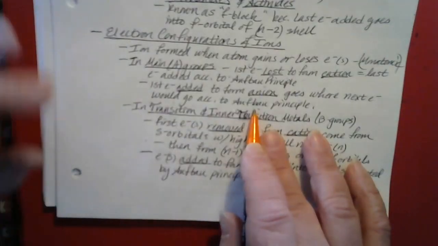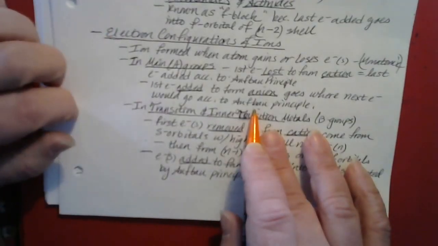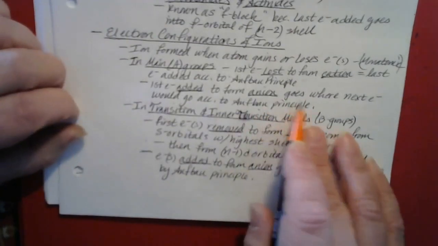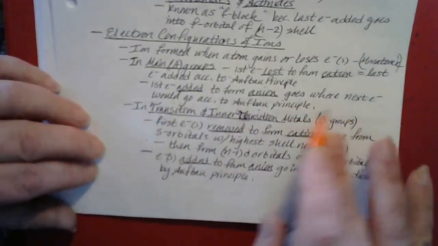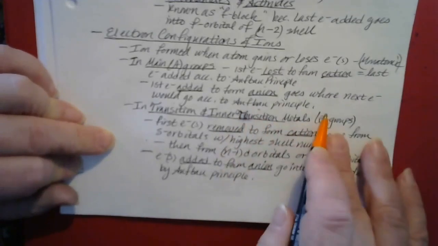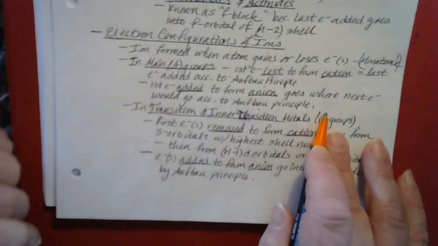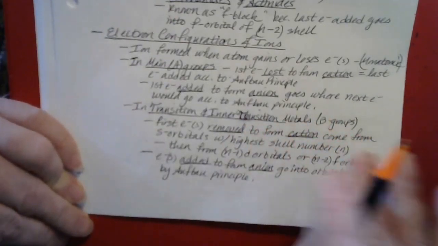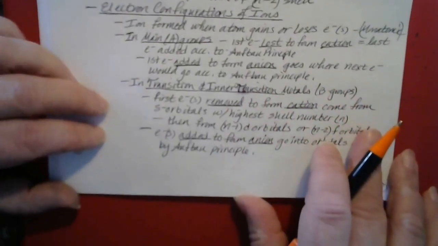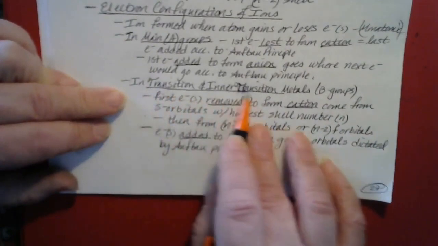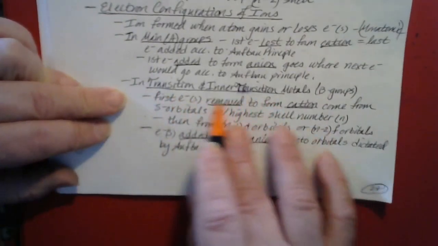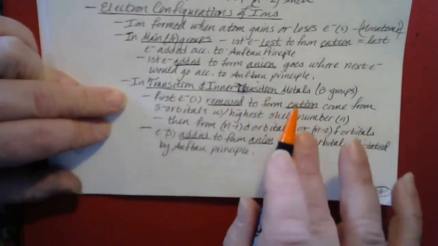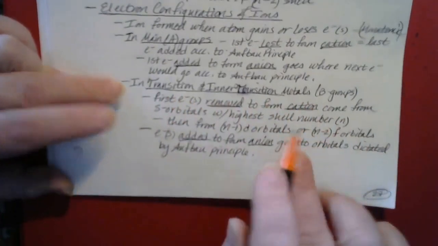So just keep following the Aufbau principle until you've got the number of electrons in the element, and then just add 1 more for each negative charge. So if the charge is -1, add 1 more electron according to the rules of the Aufbau principle. If it has a -2 charge, add 2 more electrons according to the Aufbau principle. For the transition elements and the inner transition or F block elements, things are a little different.